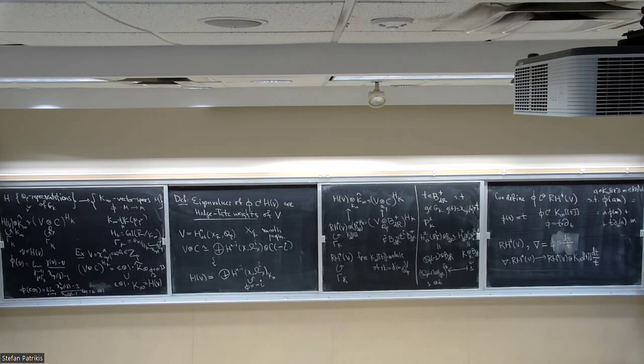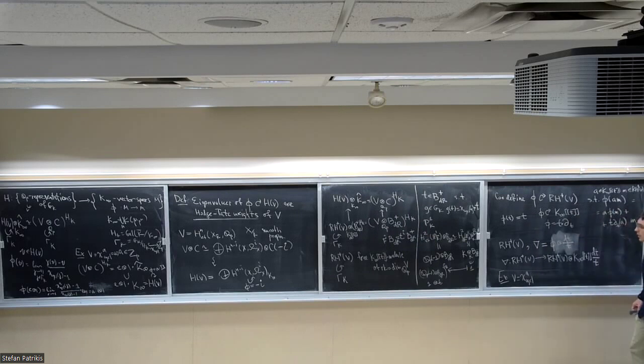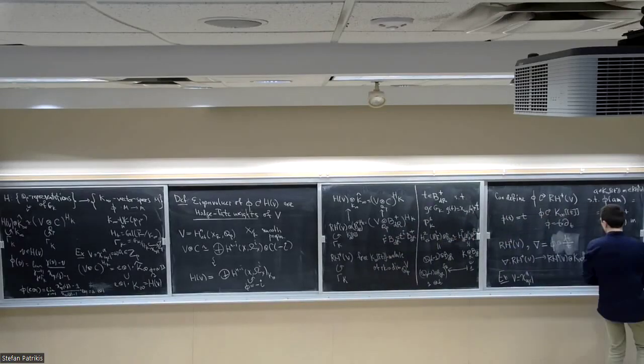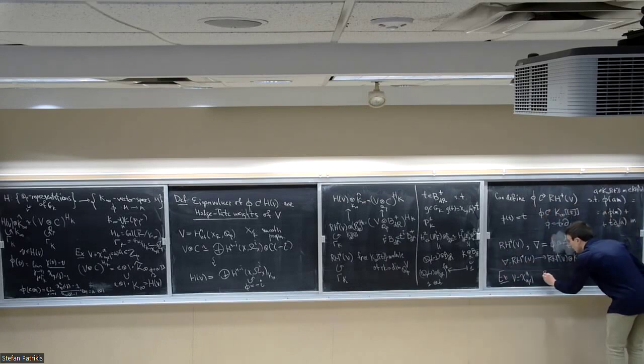So now, how does this look in examples? Example: if again V was a power of the cyclotomic character, let me not redo it completely, but by a similar computation to what we did here, we would arrive at the fact that phi multiplies a basis element by A. RH plus of V would be just a free module of rank 1.